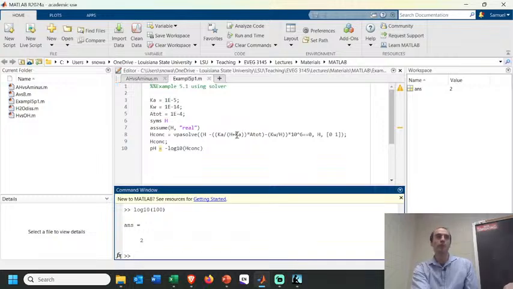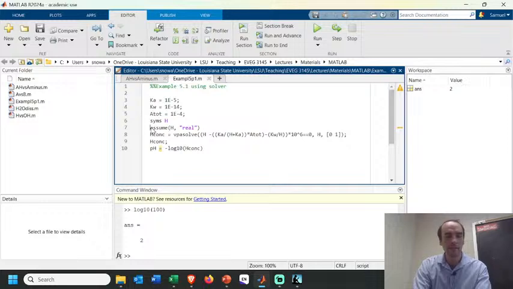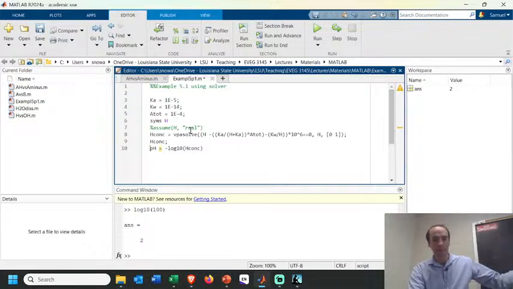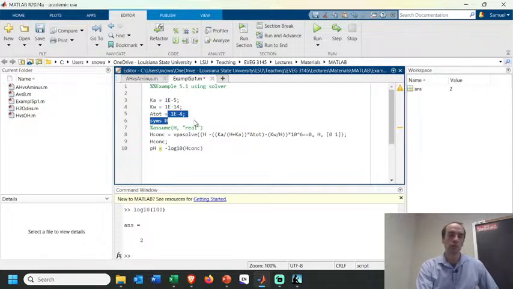Some time ago, I wrote up a bit of code, and the things that I've added were this piece, and I changed the log base to 10. So if we go back to this solver thing we talked about some time ago, this is the previous example, not our current one, but that previous example we did with Excel Solver, a slightly different situation. We had a Ka, we have the Kw for water, total acid concentration.